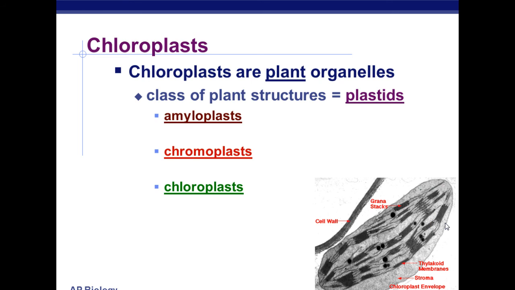Then just inside the chloroplast's own membrane is an area known as the stroma. And you see that label here, and it's all throughout the cell. Write in your notes that the stroma refers to the colorless fluid surrounding the grana within the chloroplast and is also the location of chloroplast DNA and chloroplast ribosomes.